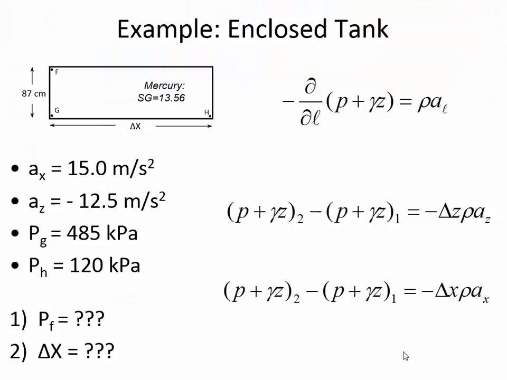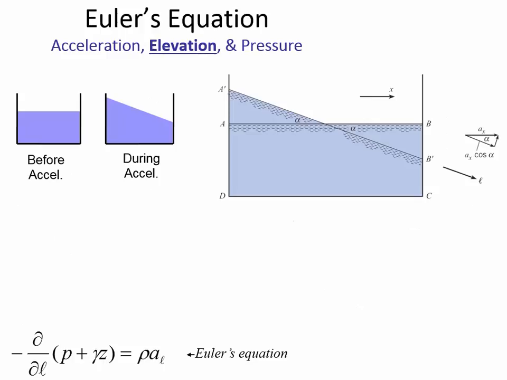Euler's equation doesn't only talk about pressure differences, it also talks about elevation effects due to an acceleration. So here's a diagram that shows that. This is a figure that's presented in your book, and sometimes it throws people off because there's two liquid levels at the same time.